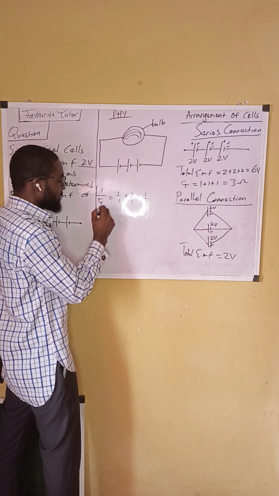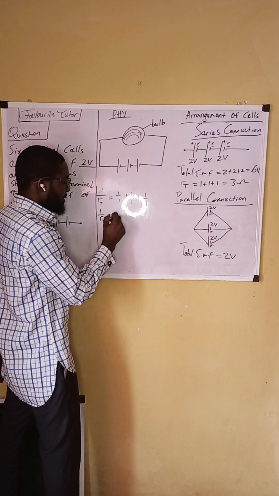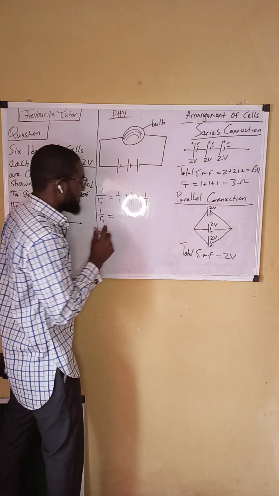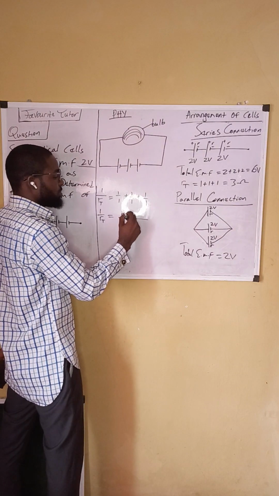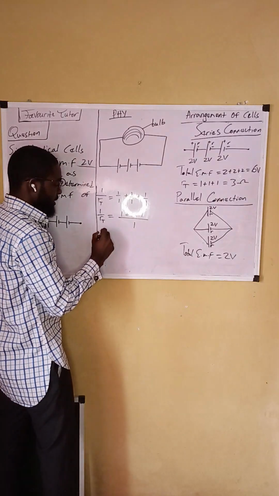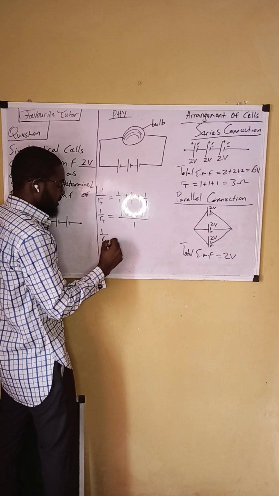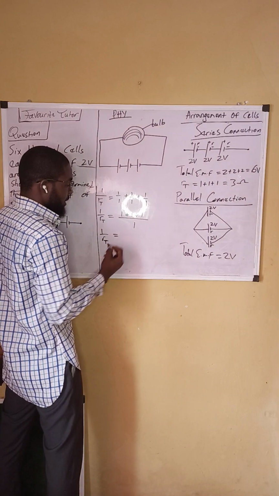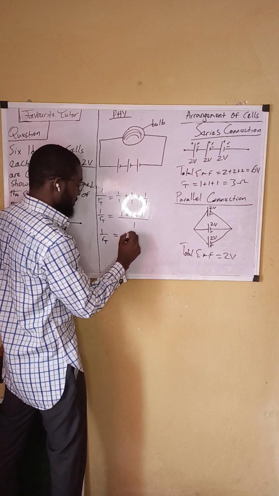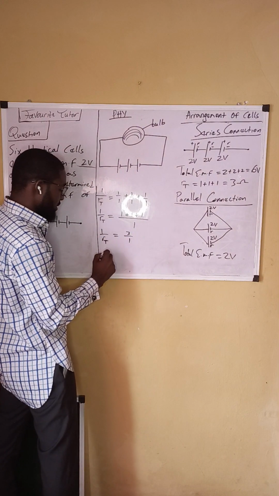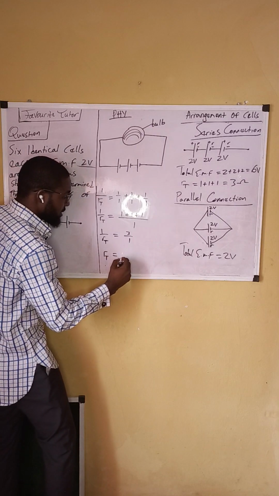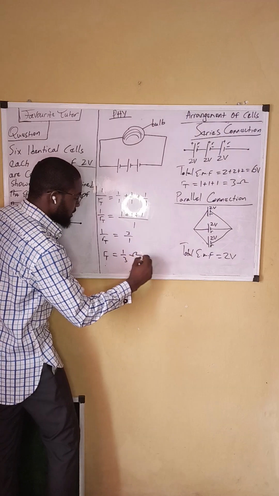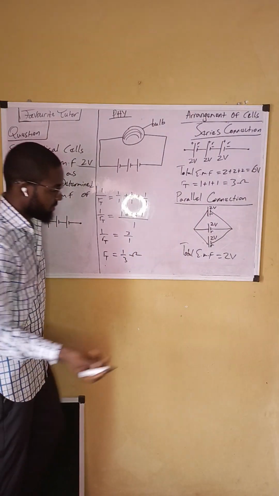So the total internal resistance will be, taking the LCM, 1 plus 1 plus 1, which equals 3 over 1. Therefore, the total internal resistance is 1 over 3 ohms.